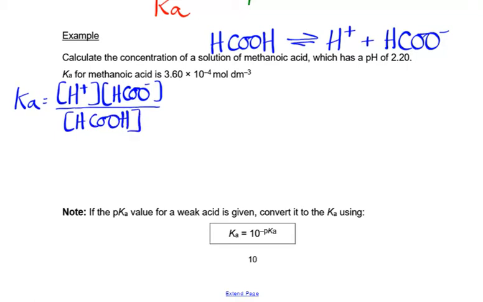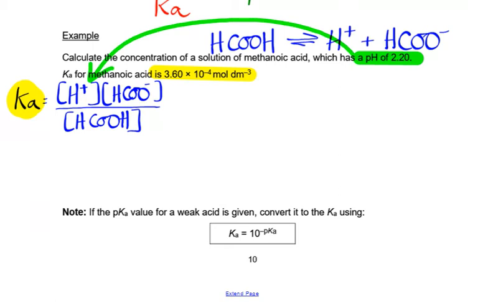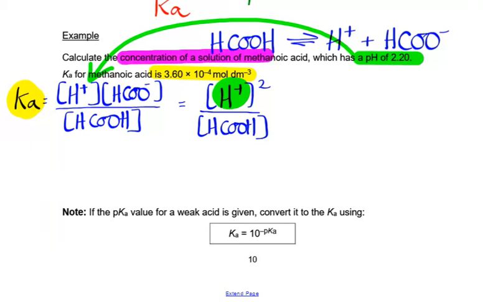Let's have a look at what we've been given and what we need to find out. So we've been given the Ka of the acid, and we've been given the pH. Now the pH means that we're going to be able to get to the hydrogen ion concentration, and since we're going to simplify our equation to this, if we know the pH and we know the hydrogen ion concentration, then the concentration of the methanoic acid is all that will be left.